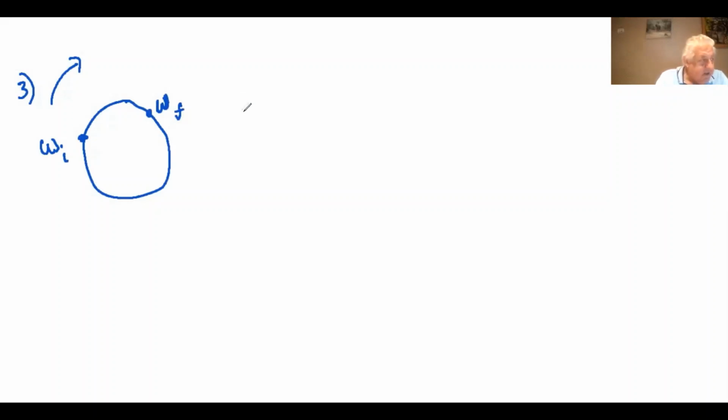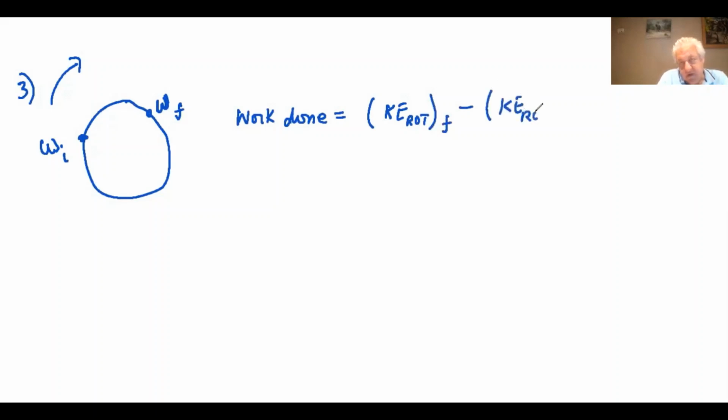Now the work done is equal to the change in kinetic energy, this is the change in rotational kinetic energy, omega f minus omega I. So the work done by rotation is the change in the rotational kinetic energy.